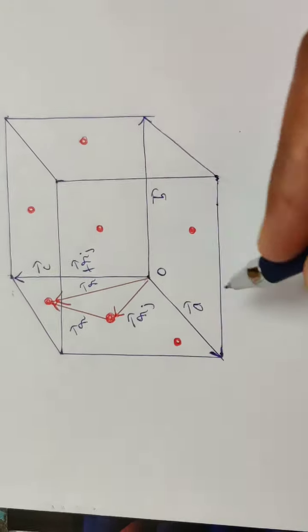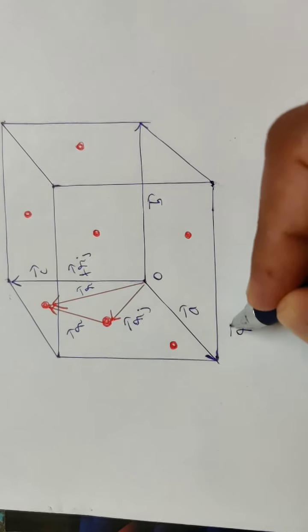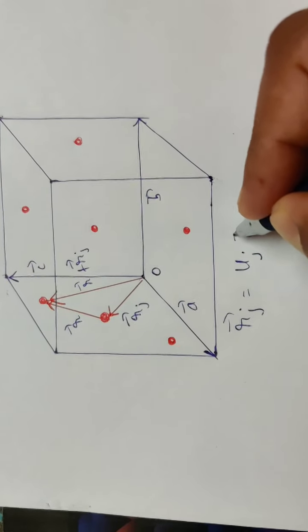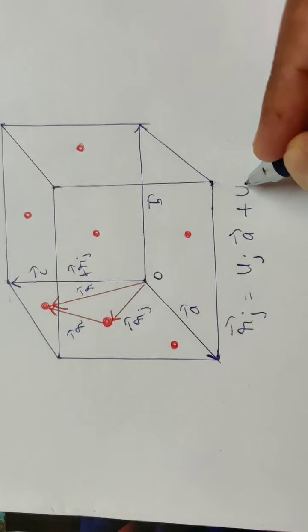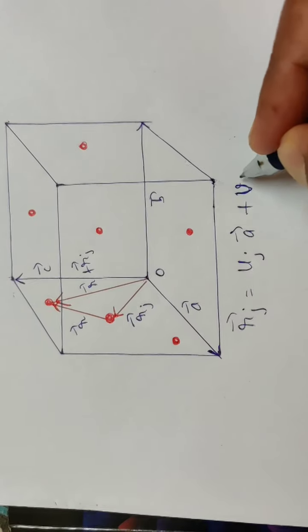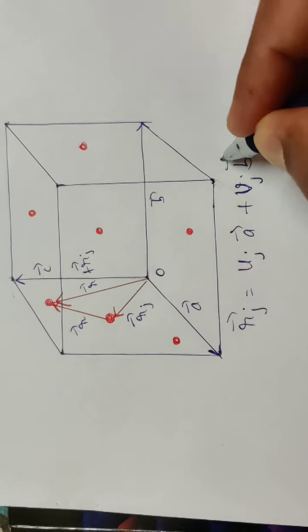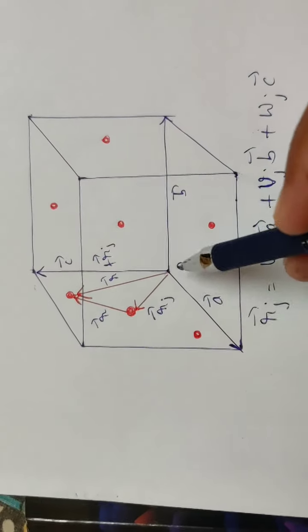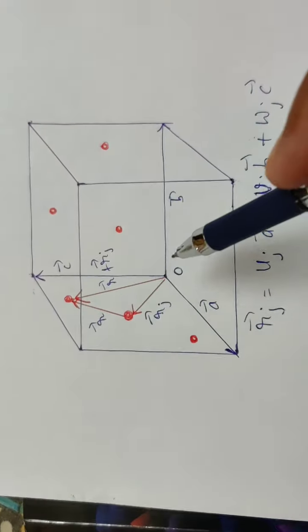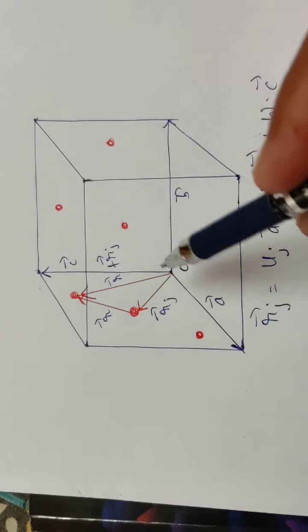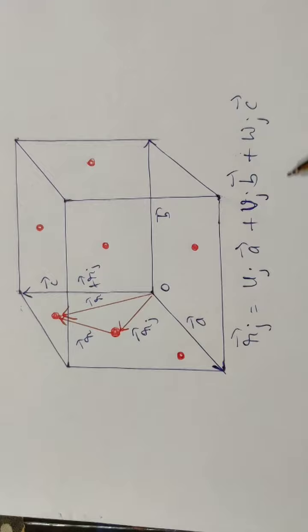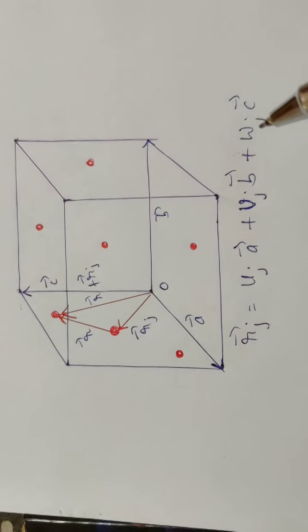Now in this case the rj vector is given by uj a plus vj b plus wj c, where a, b, c are the primitive translation vectors, or the crystallographic axes, and uj, vj and wj are constants.